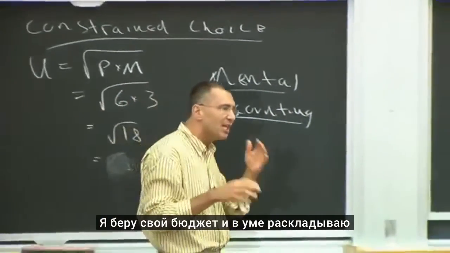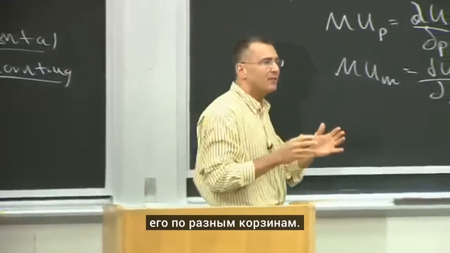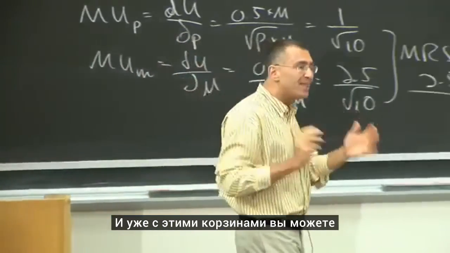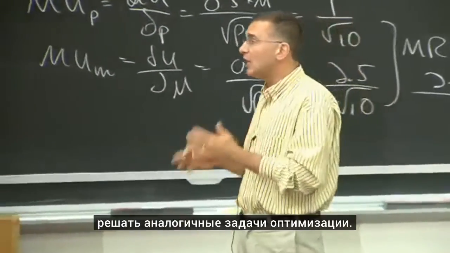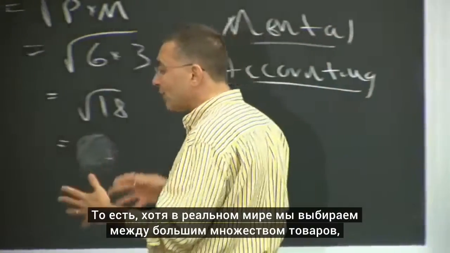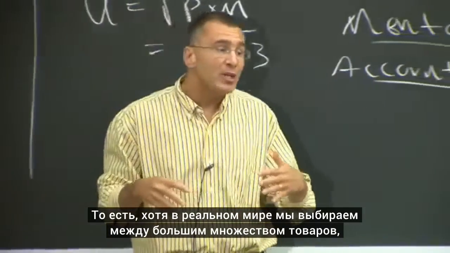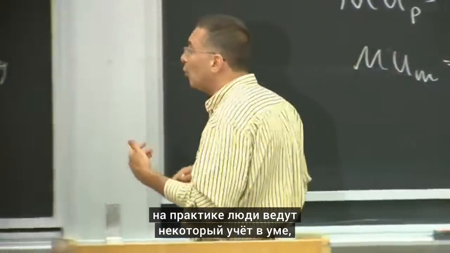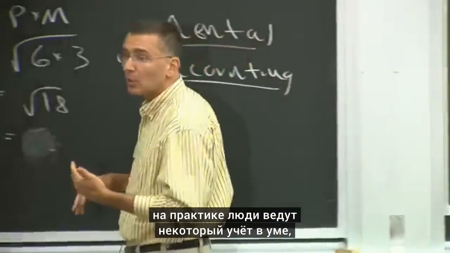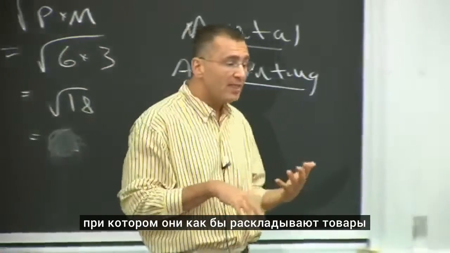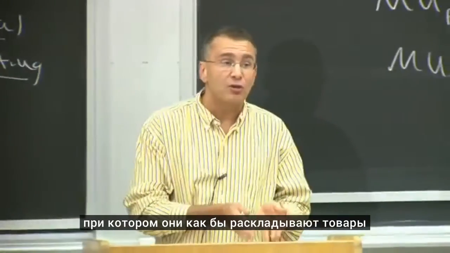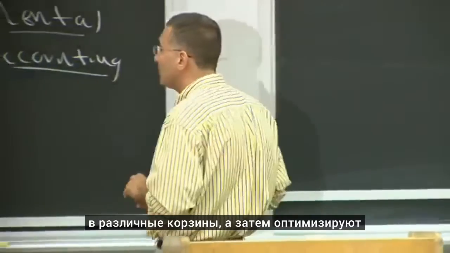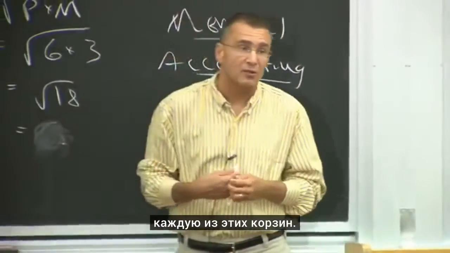I take my budget and I mentally put it in different buckets. And within each of those buckets, you can then do the same kind of optimization problem that we've done here. So even though in reality we choose across a whole host of goods, in practice people will do this kind of mental accounting where they divide their goods into different buckets and optimize within each of those buckets.